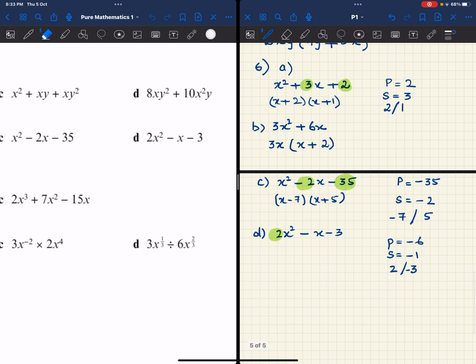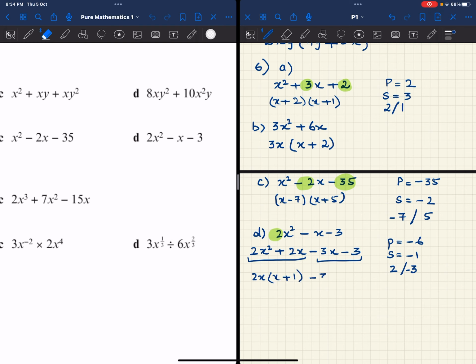We'll split the middle term. 2x squared plus 2x minus 3x. So these two we split here for minus x, and then minus 3 we write as it is. Take common from the first two terms. Take common from the last two terms. So 2x is common. x plus 1 remains inside.